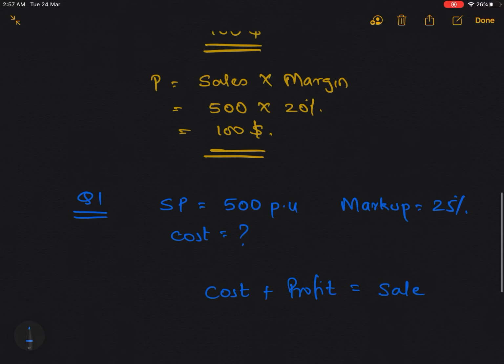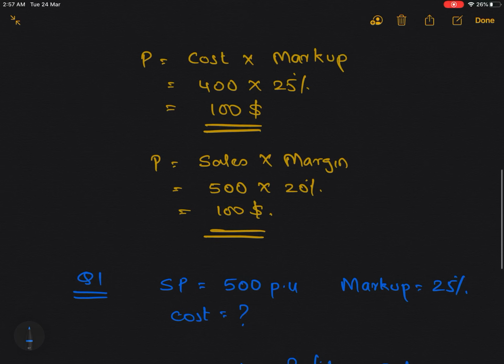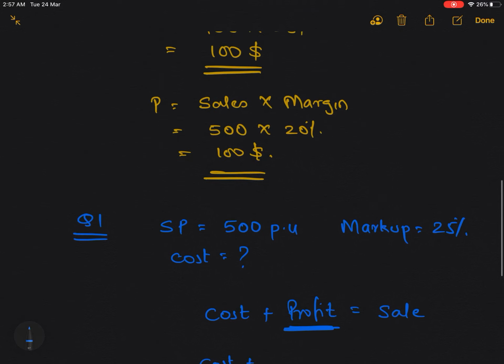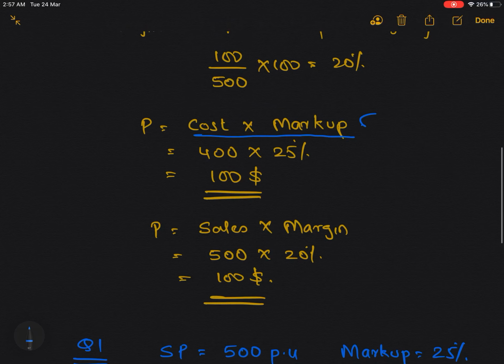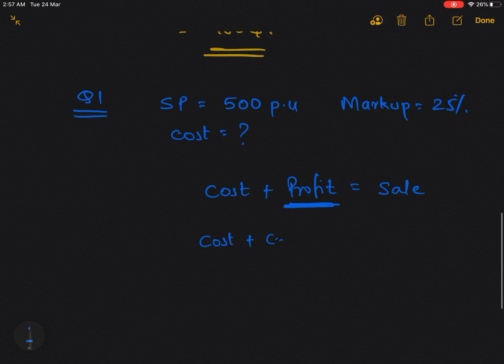And we also know that profit can also be written as cost multiplied by markup. That means I'm replacing this thing with this. Cost plus cost multiplied by markup is equal to sale.